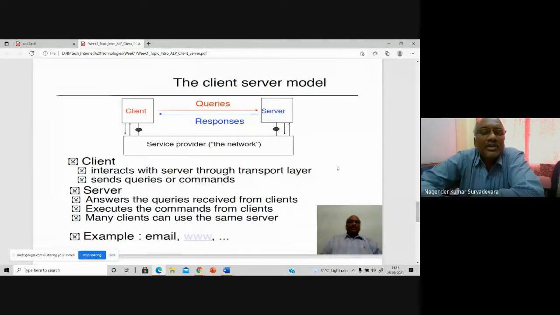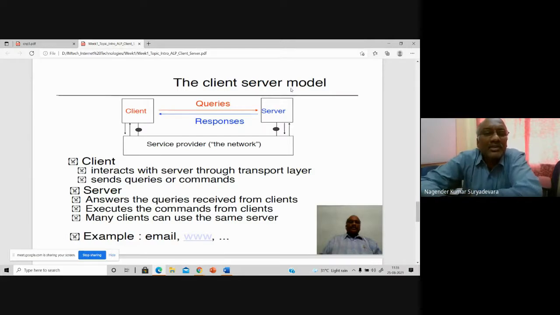Please remember one particular model that is followed here, the client-server model. A client is a program or device that requests certain information present on another computer or device, and the server is the one that provides services for the requests made by different clients.